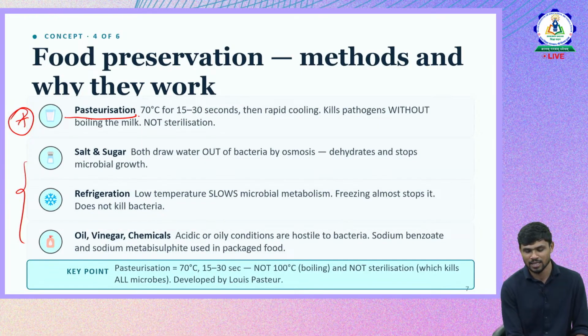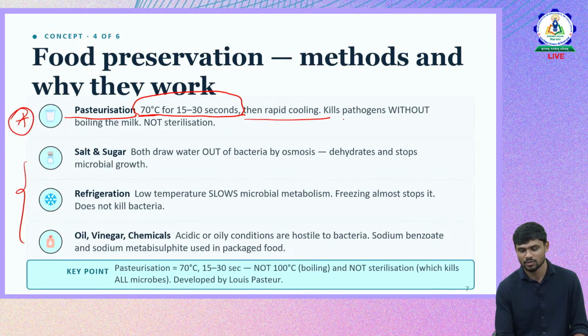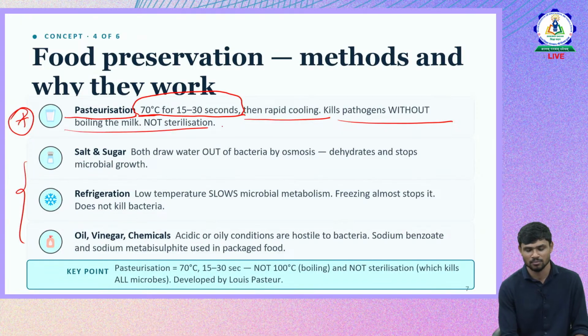It is heating milk at 70 degrees Celsius for 15 to 30 seconds, then rapid cooling, which kills pathogens without boiling the milk. When milk is heated in these conditions, it kills only the harmful pathogens and doesn't spoil the milk. After that, it is protected from the attack of microbes.